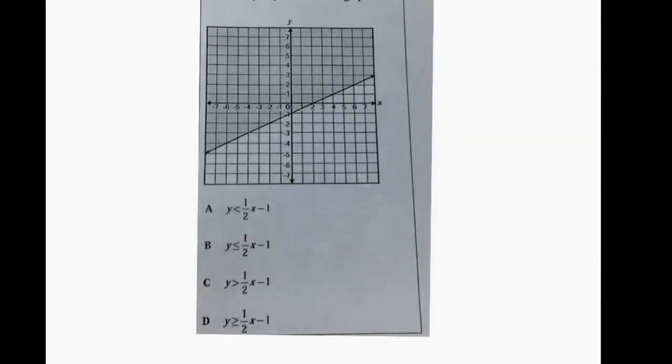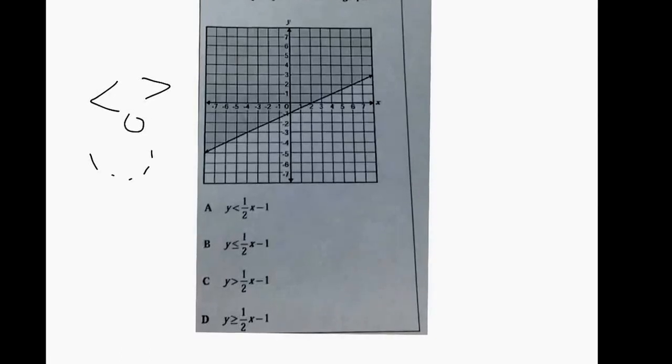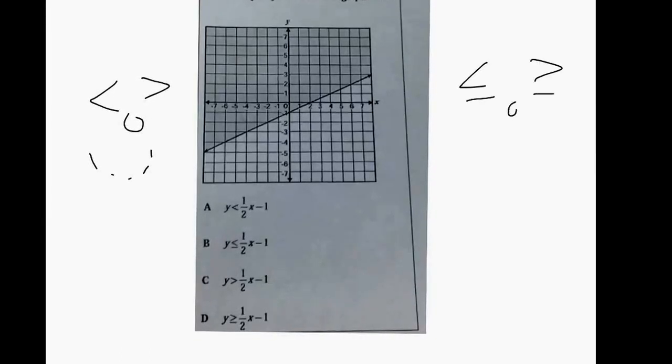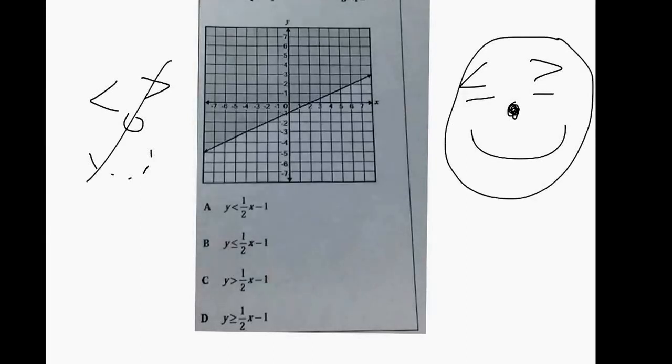Last one, our faces tell us that that's a dotted line, and that's a solid line. So this being a solid line means this is it, and that is not it. So we get rid of A because it has the wrong symbol, and C has the wrong symbol. Then we look at here.